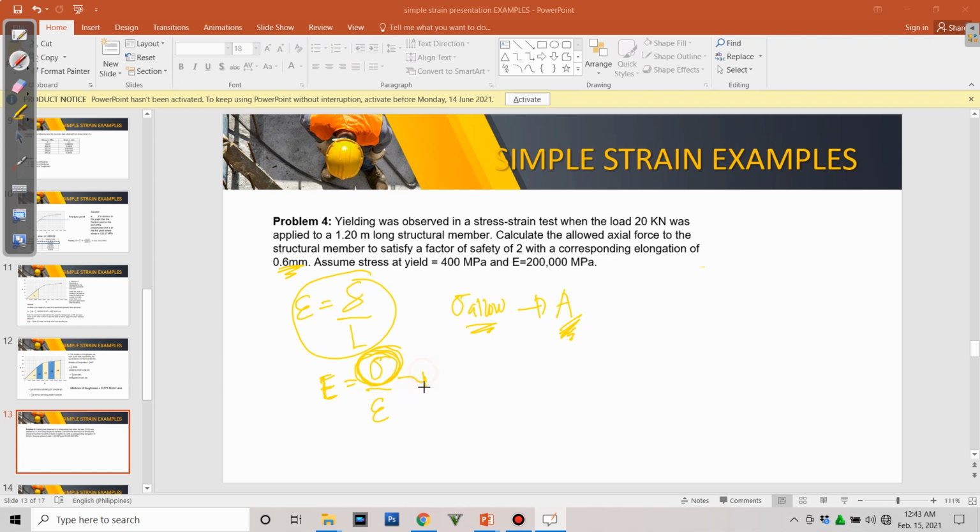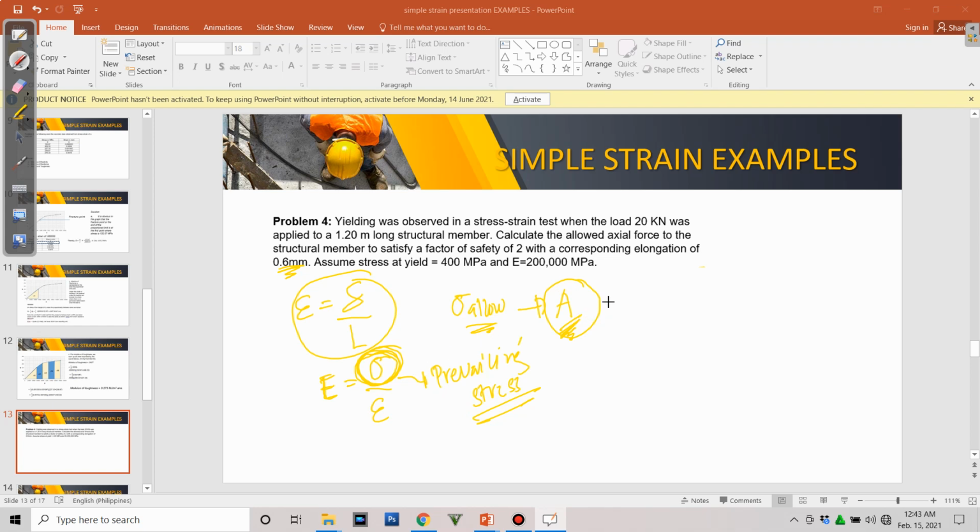It is actually the prevailing stress, and the prevailing stress is smaller than the allowable one. Hence, we have an area that is conservative from this prevailing stress.